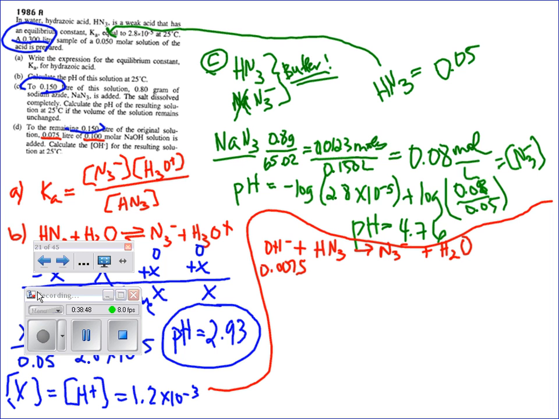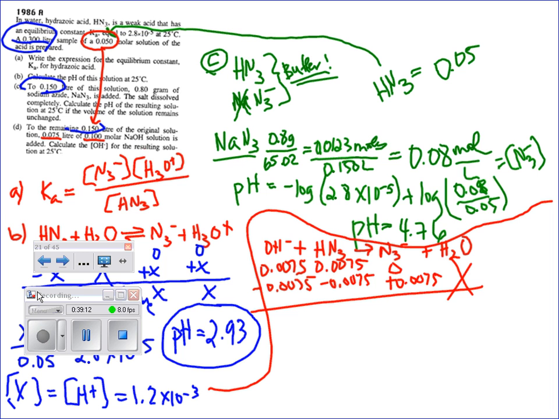For HN3, we're taking 0.05 molar times 0.150, which is 0.0075. And then we don't have any of the conjugate base yet because it's not a buffer yet. We're going to lose 0.0075, lose 0.0075, gain 0.0075 moles.